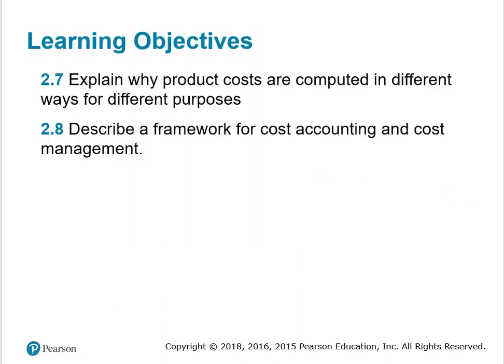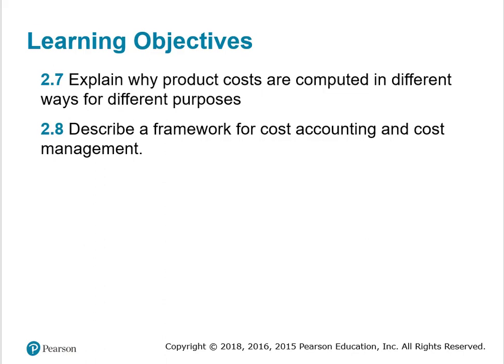The learning objectives, what we've looked at so far. Remember, we started out by defining a cost object, and the idea is that it could be anything. Then we distinguished between different types of cost: direct versus indirect, variable versus fixed.